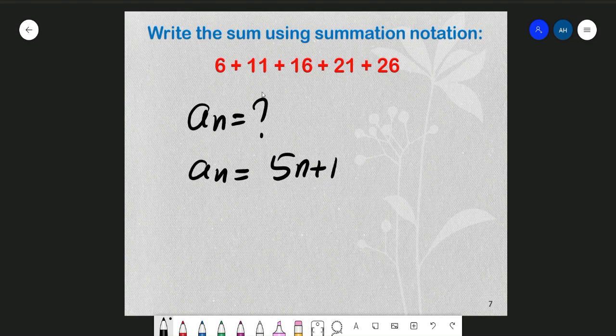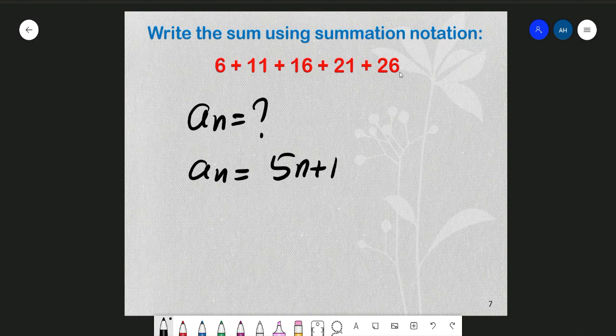Here 6 is 5 plus 1. For the first term you get 6 by 5 times 1 plus 1. 11 you get by 5 times 2, that is 10 plus 1. 16, you get it by multiplying 5 by 3, that is 15, and then plus 1.